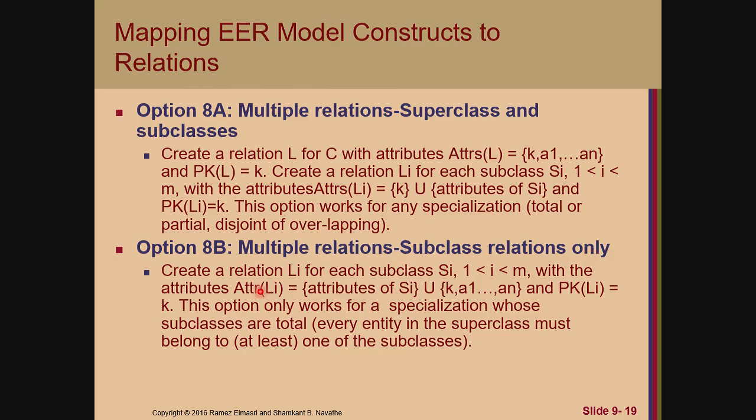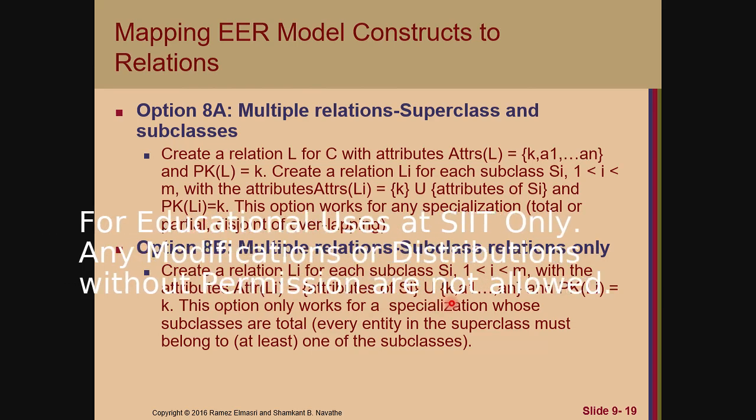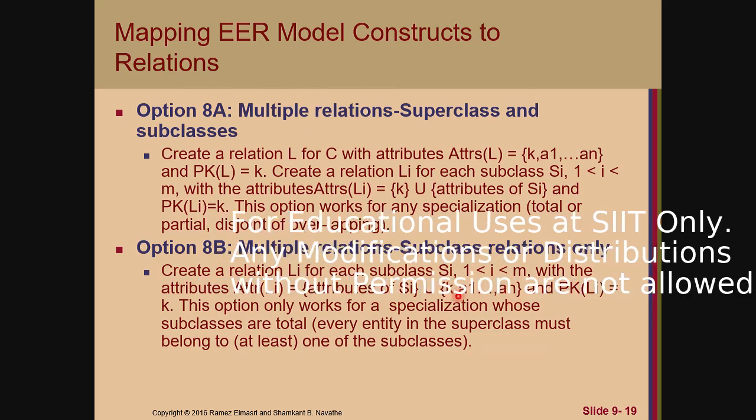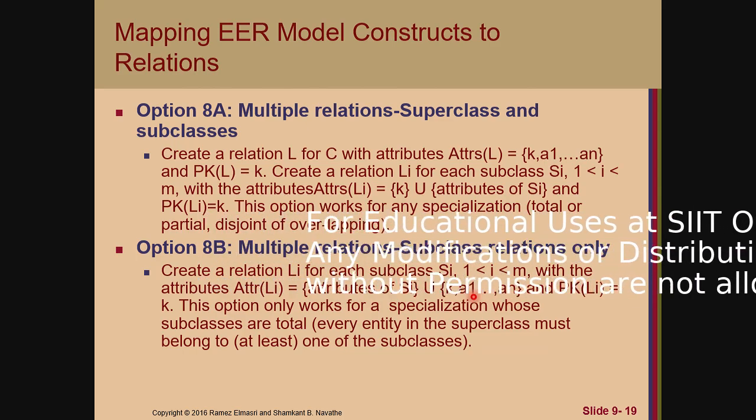Okay. Create relation Li for each subclass Si. Then the attributes are the attributes from the Si subclass union the attributes A1 to An, all of the attributes of the superclass.